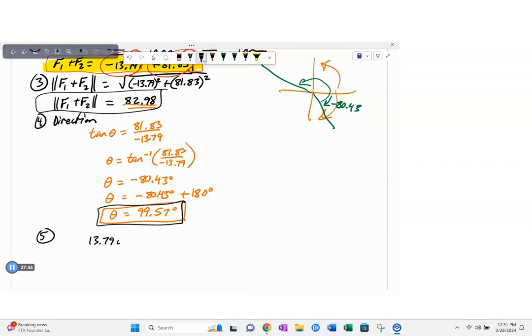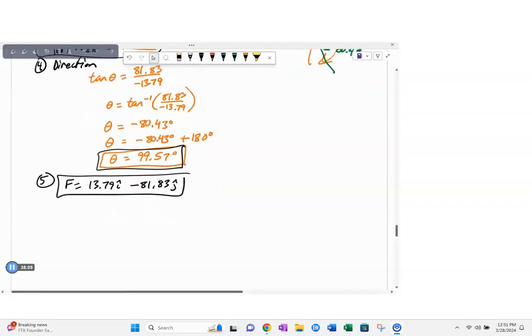You just switch those so that when you add them, they go to 0 I, 0 J. The force necessary would be the opposite of that resultant force. So the result would be 0 for both vector components.